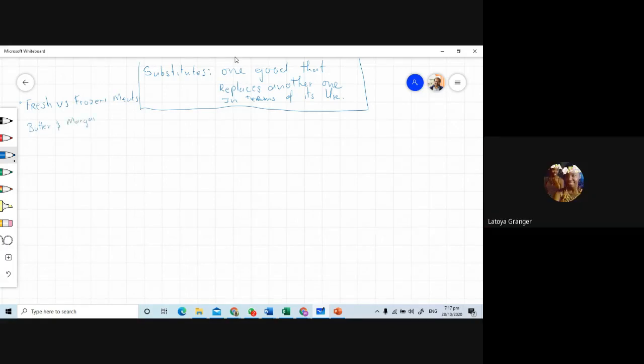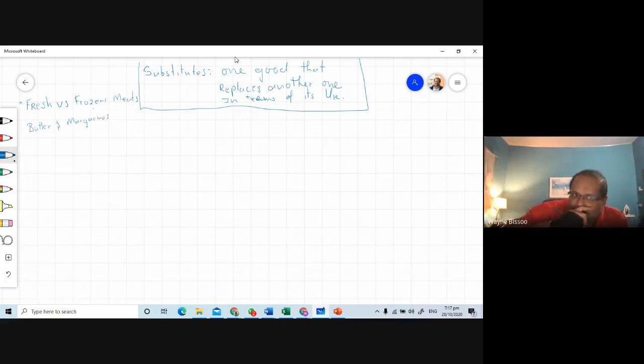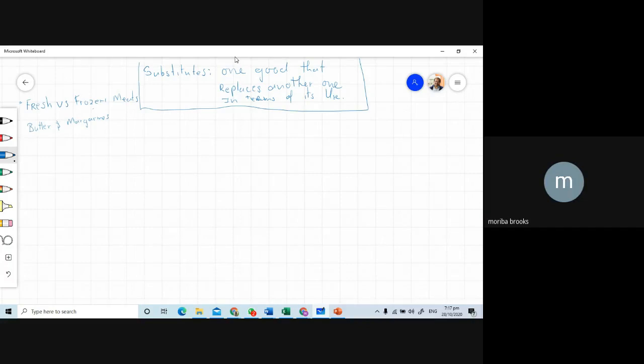Like toothpaste, like Colgate and Crest? No, that's two brands. They're both the same good.